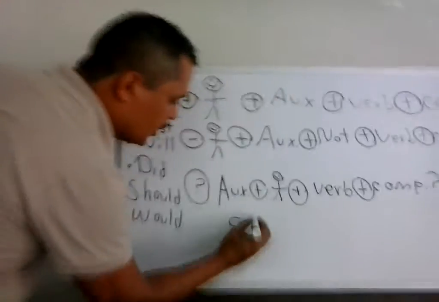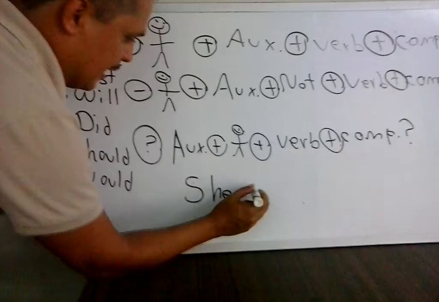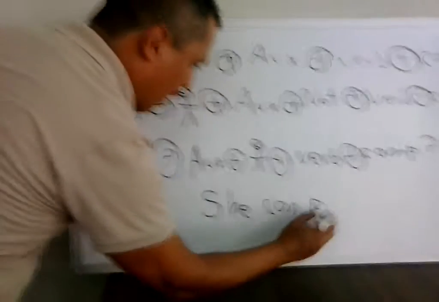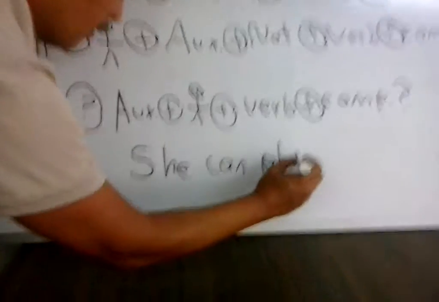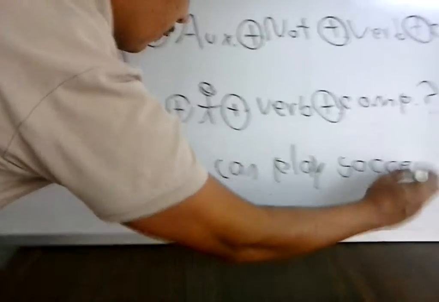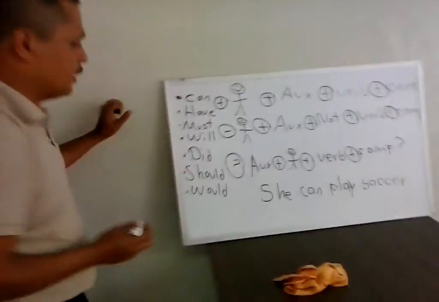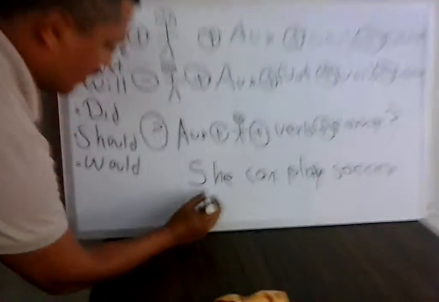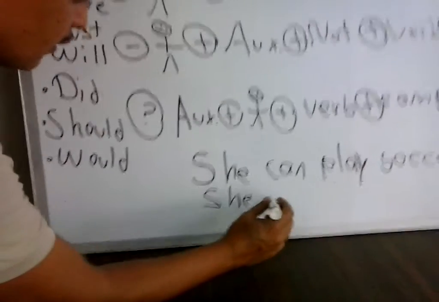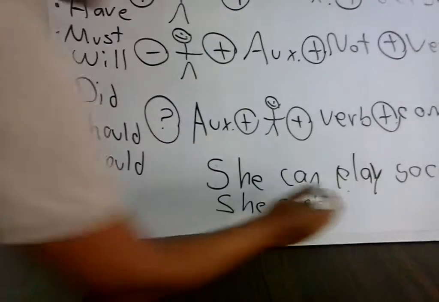For example, she can play soccer now. She can play soccer. And then for negative, she can't play soccer.